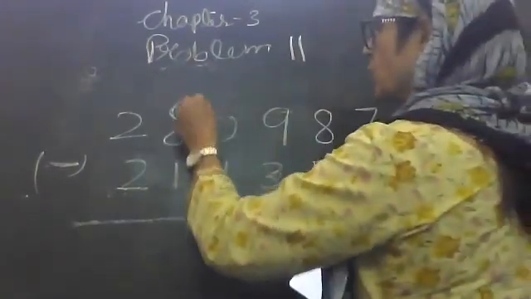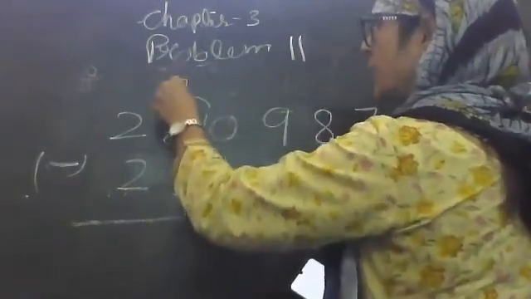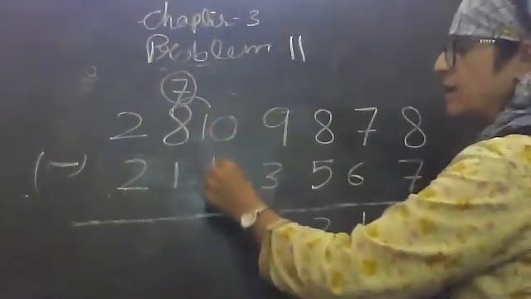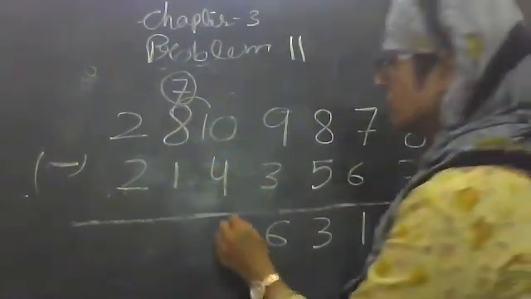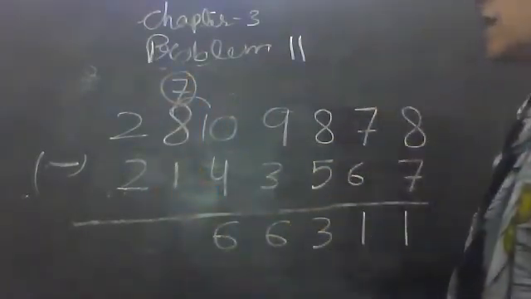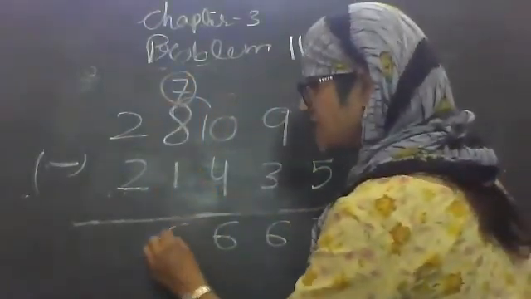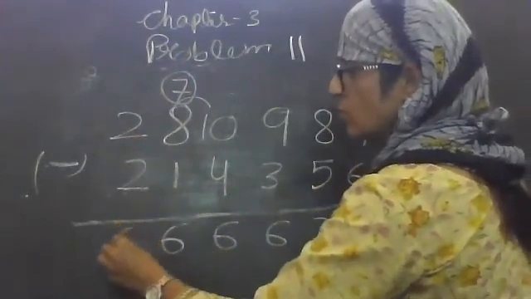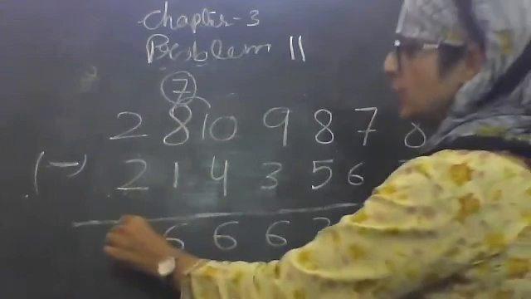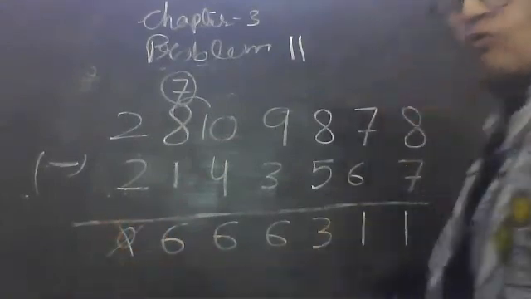So again you have to borrow, put 1 here and put the number 7 here. From 10 if you subtract 4, the answer is 6. And from 7 if you subtract 1, here it is 6. 2 less 2 is 0, because if you put 0 before the numbers it has no value.